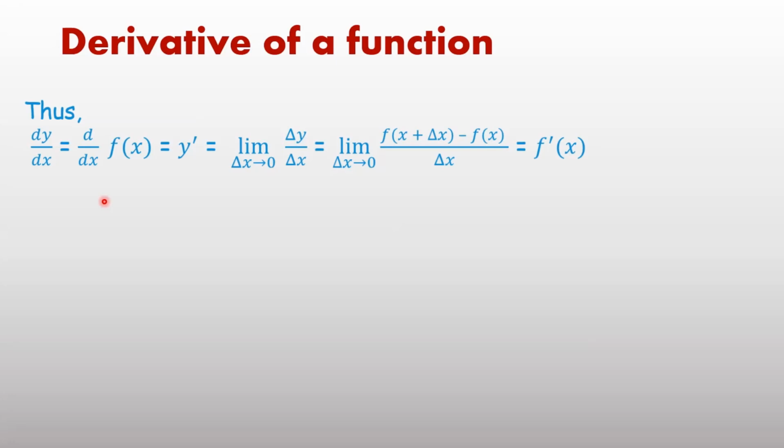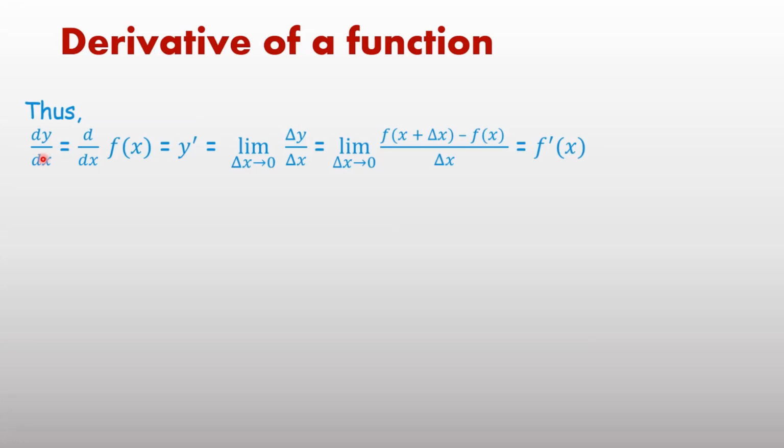Therefore, the final result we can write as dy by dx, or the same thing we can write as d/dx of f(x) because y equal to f(x), or the same notation y dash, or limit delta x tends to 0 of delta y upon delta x, or limit delta x tends to 0 of f(x plus delta x) minus f(x) upon delta x equal to f dash x.